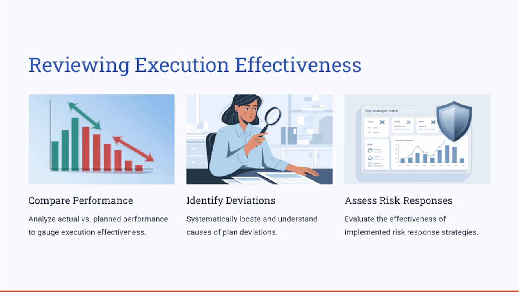Reviewing the execution effectiveness. Execution effectiveness is measured by comparing the actual performance against the baseline plan. Deviation may indicate risks that were not fully mitigated or process inefficiencies that need correction.